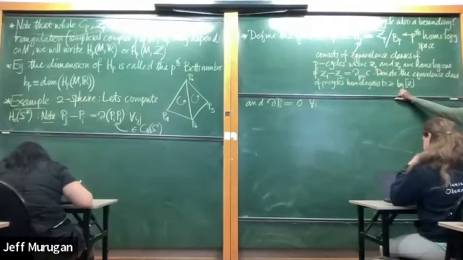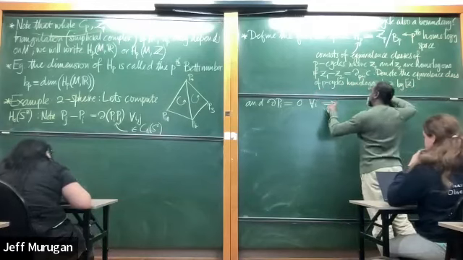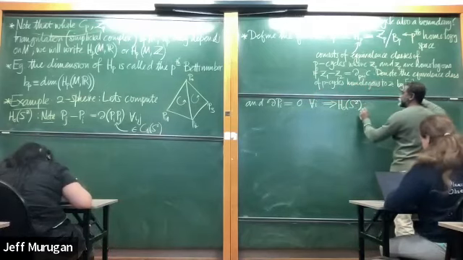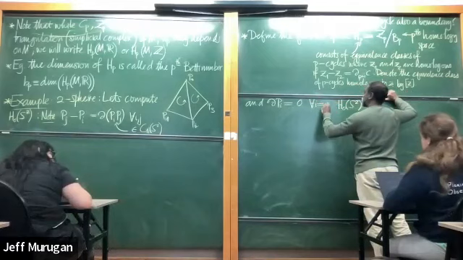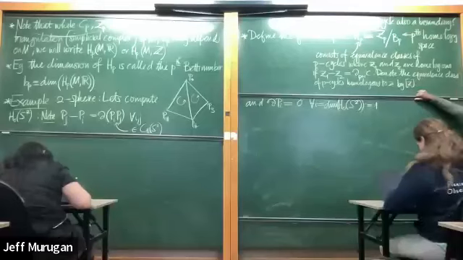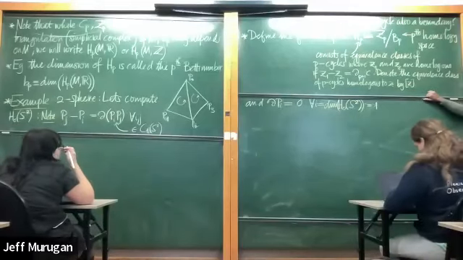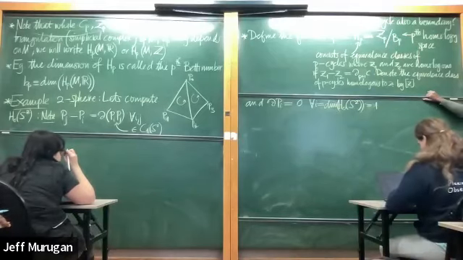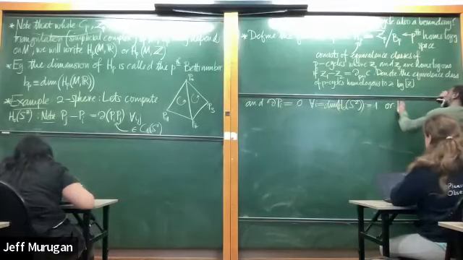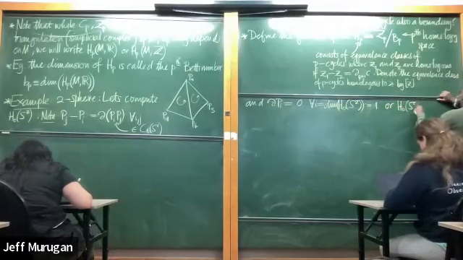This tells me that H naught of S2 is one dimensional. And I'm going to take the prototype for a one dimensional space to be the reals. And so I will write H naught of S2 over R as R.